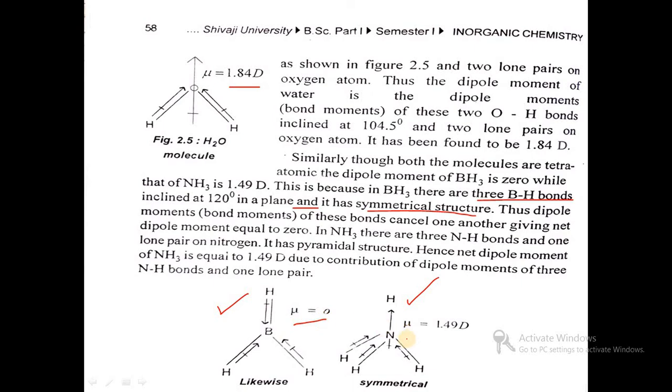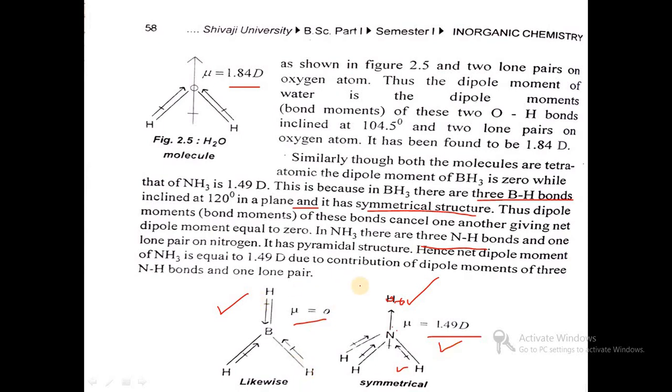But in case of NH3, there are 3 N-H bonds, and the nitrogen atom contains one lone pair, and due to the presence of the lone pair, it has a pyramidal structure, hence net dipole moment of ammonia is equal to 1.49 D. So this is otherwise symmetrical, but due to the lone pair it shows some dipole moment.